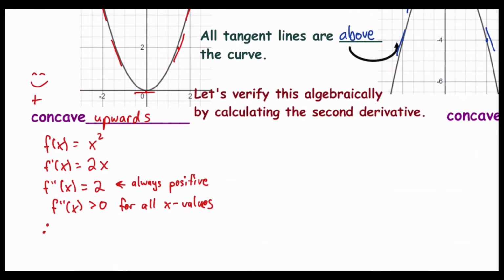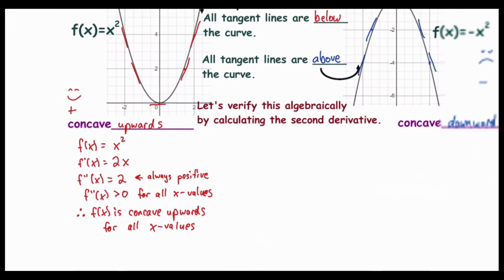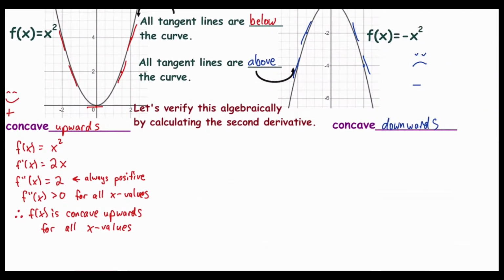And therefore, f of x is, and we describe this as, concave up or concave upwards for all x values. So throughout its entire domain. We didn't really talk about domain and range directly in this course though, so I'll try not to use those words if you haven't taken advanced functions and aren't familiar with them.